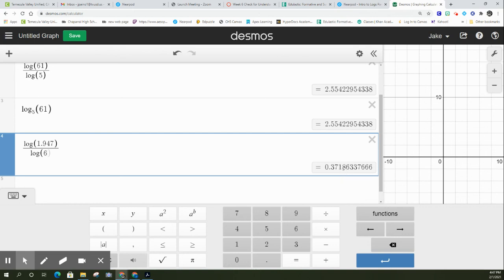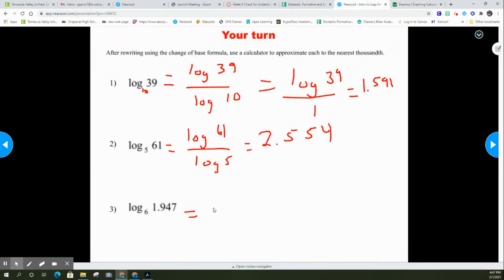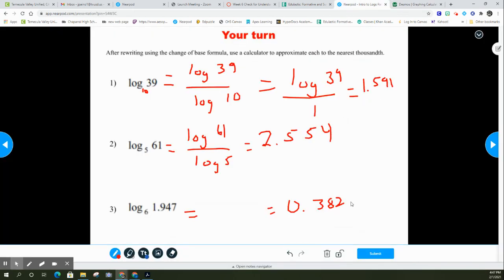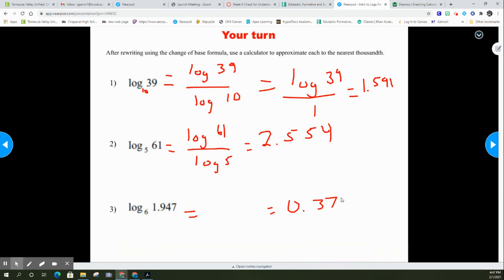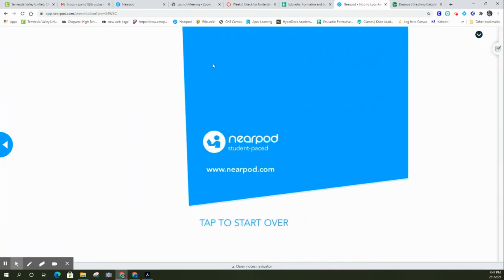Remember, rounding to the thousandth. I already forgot, was that the answer? 0.372. Again, I just typed in log 1.947 divided by log 6. And there you go.